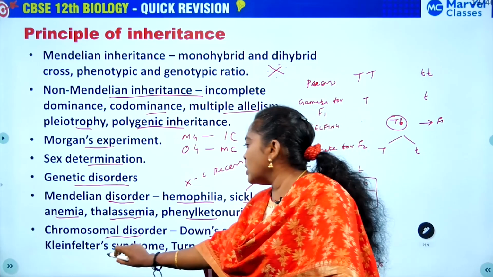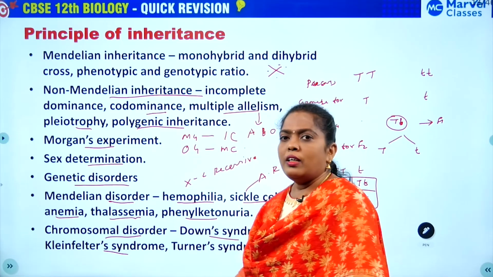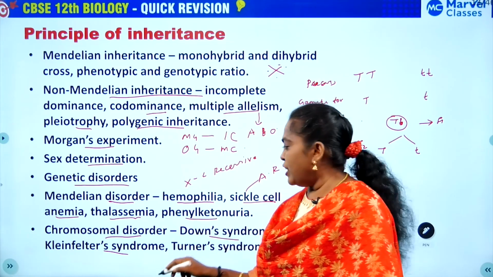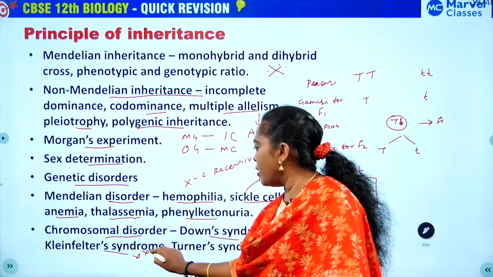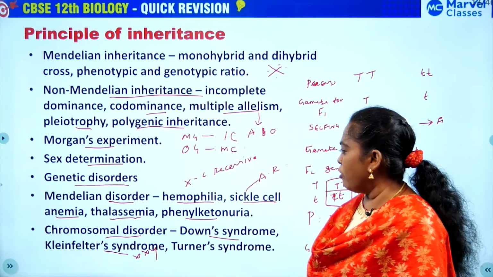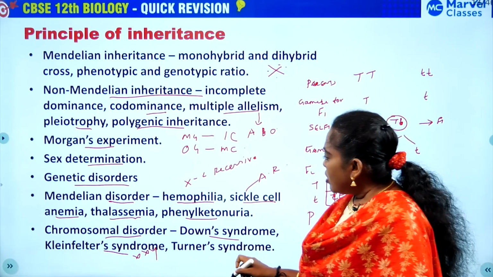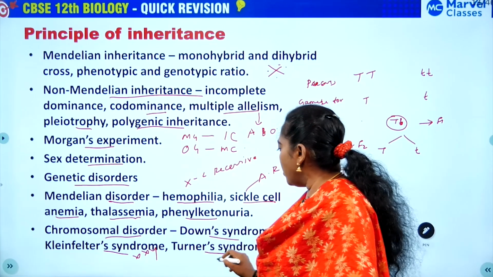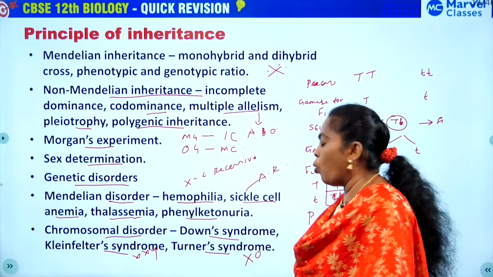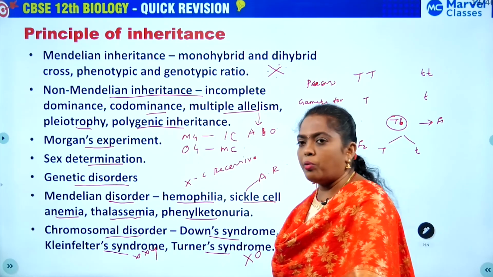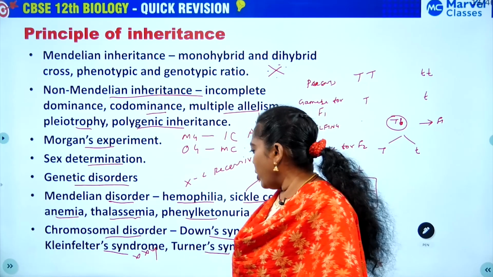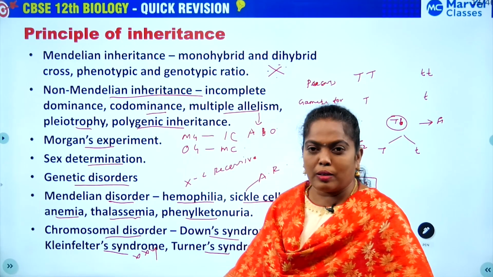Then Klinefelter syndrome, actually for a male we depict XY, isn't it? But here it is XXY. So these males will have development of breasts, everything. And Turner syndrome, normally for female we say XX, but here it is XO. So the ovaries are rudimentary, they won't develop well. That's it about this chapter.